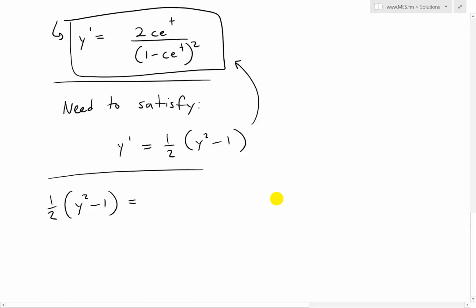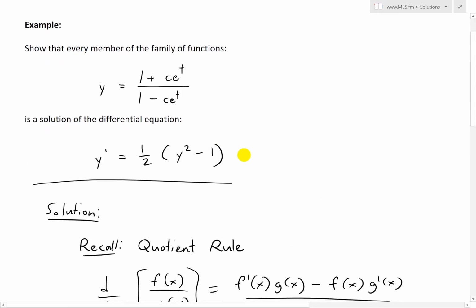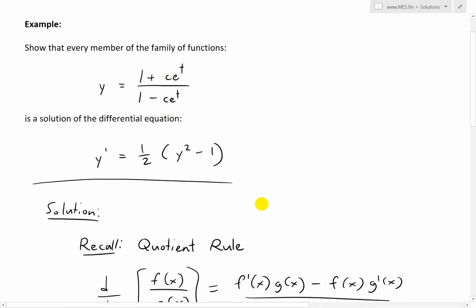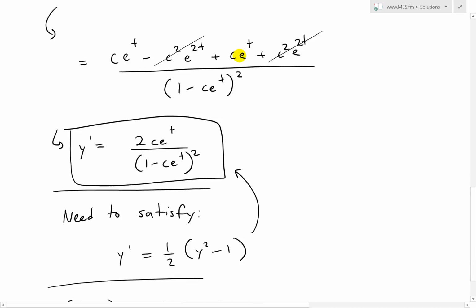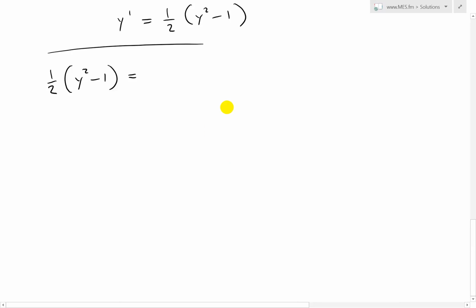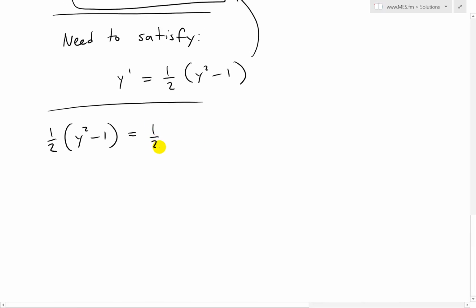And let's just plug in our y function. Again, recall y is just 1 plus c e to the t, divided by 1 minus c e to the t. So what we end up having is 1/2 times the quantity 1 plus c e to the t, squared, and I'll put the whole thing under 1 minus c e to the t squared, subtract this by 1.